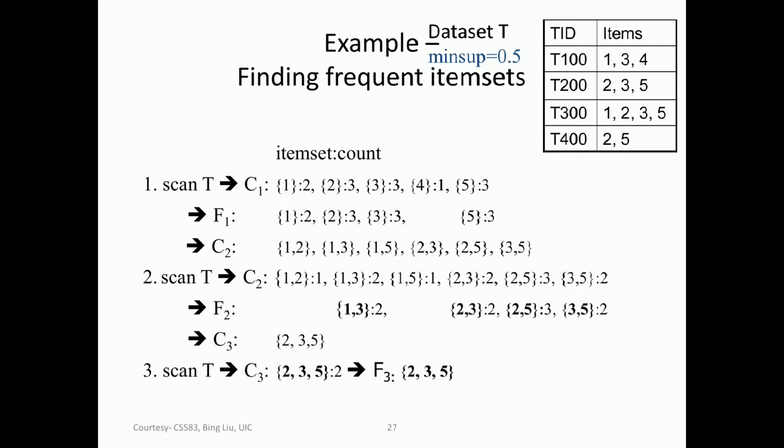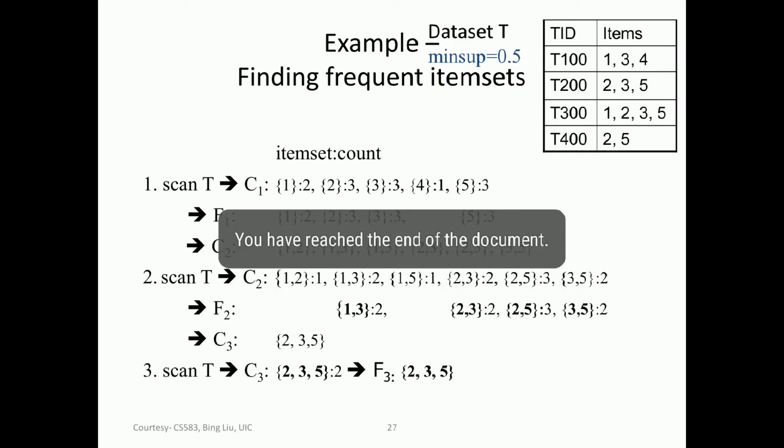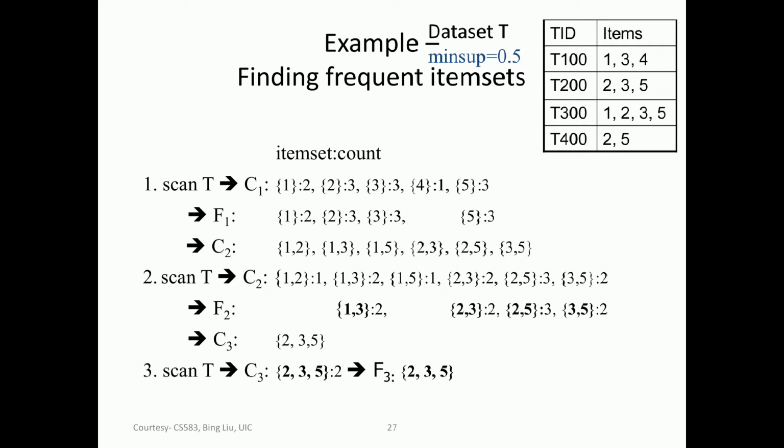In the first step, we scan through the transaction database and see that 1 has 2 occurrences, 2 has 3, 3 has 3, 4 has 1, and 5 has 3. Our minimum support is 0.5, that is, it should be supported by at least 2 transactions.